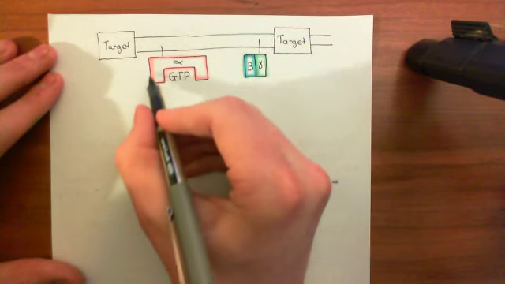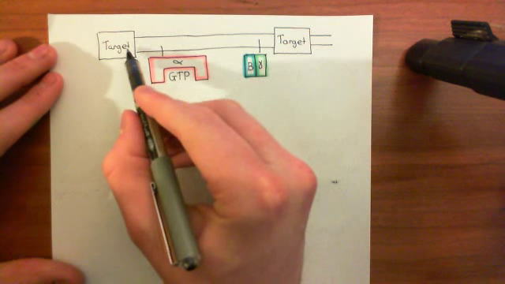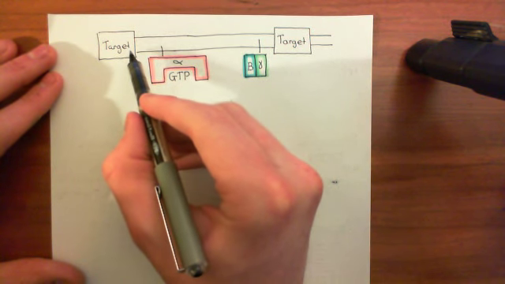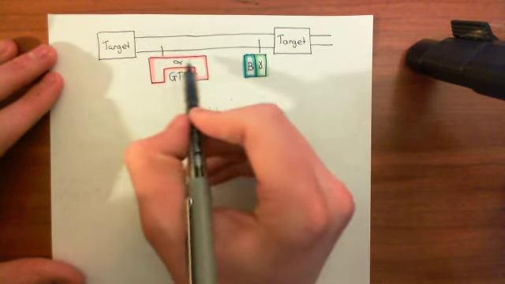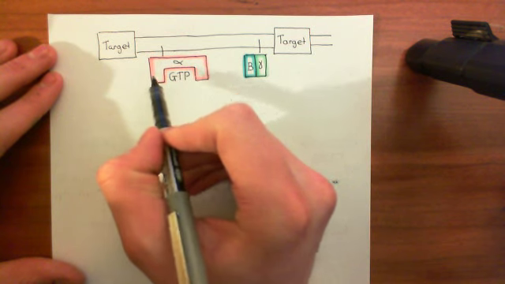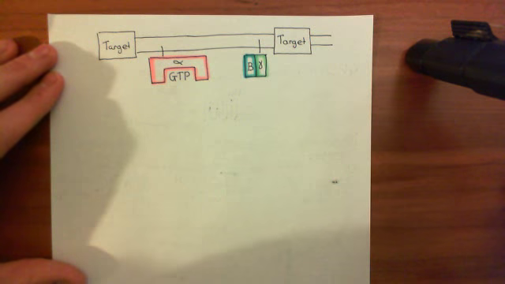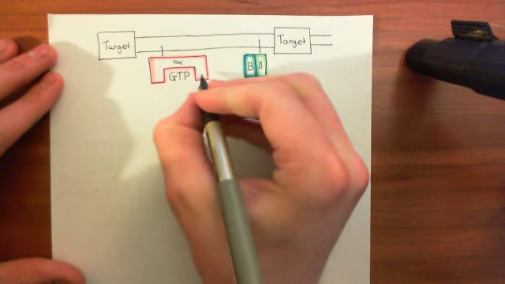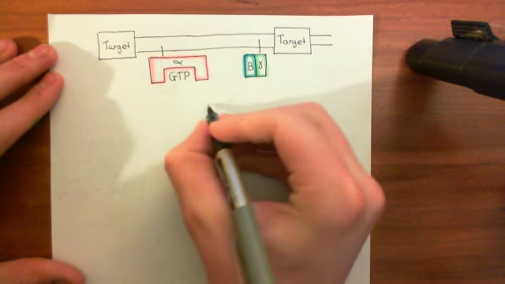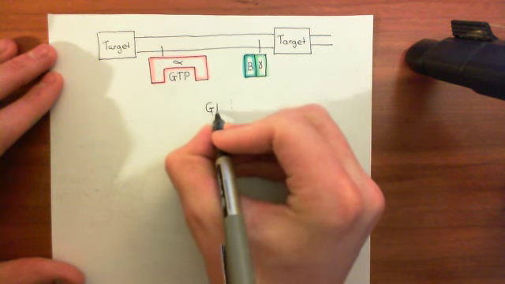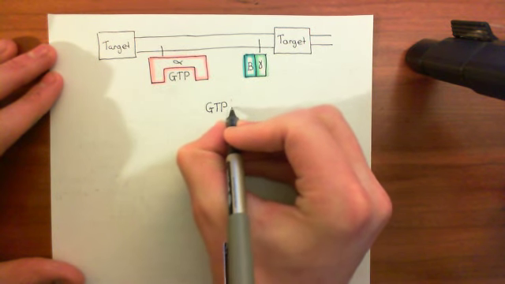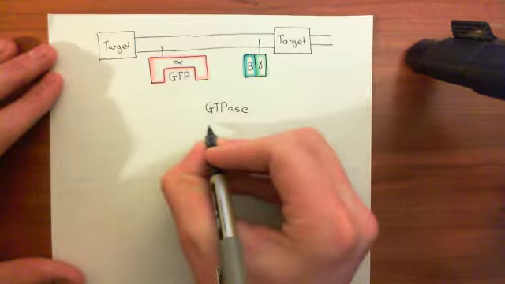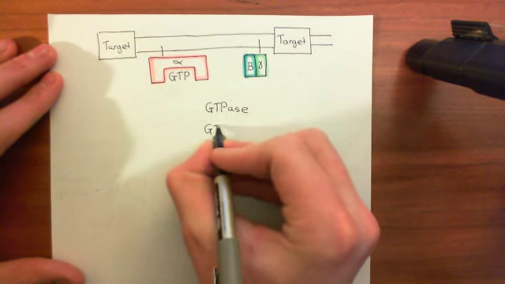Well, when the alpha subunit binds to its target, this target activates the alpha subunit. This is where it becomes important to understand that the alpha subunit is actually an enzyme. It's a GTPase, an enzyme which can chop the gamma phosphate group off GTP and convert it back to GDP.